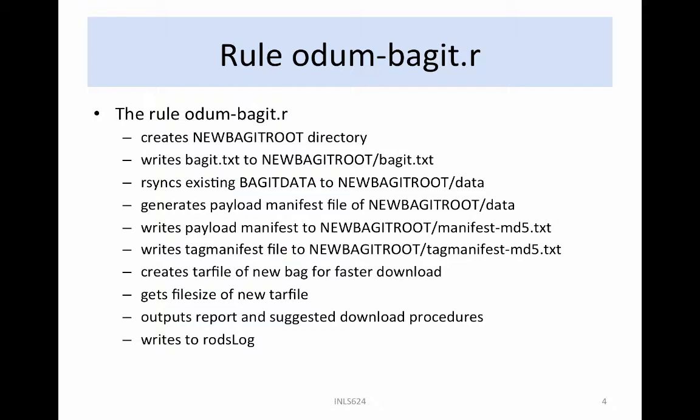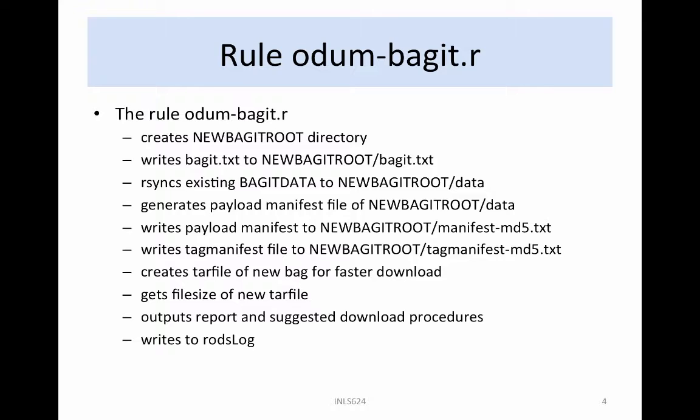The rule processes the following steps. It creates a new BagIt root directory to hold the files that will be aggregated. It writes a bagit.txt file to new BagIt root/bagit.txt to describe the BagIt version. It rsyncs the existing BagIt data to new BagIt root/data to make a copy of the data to be moved.